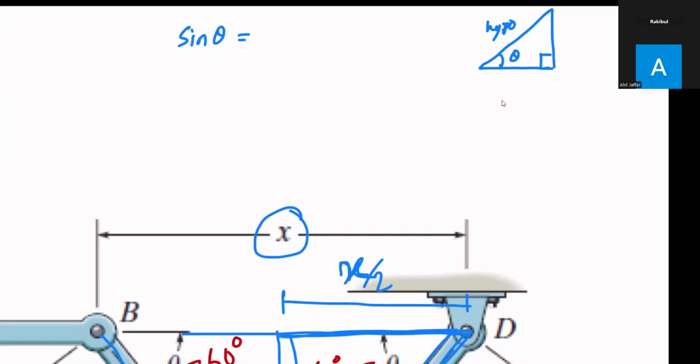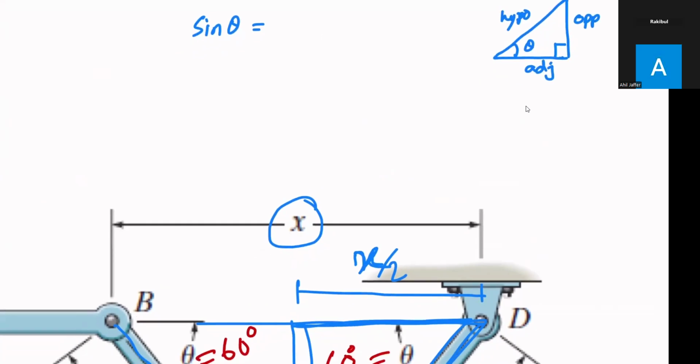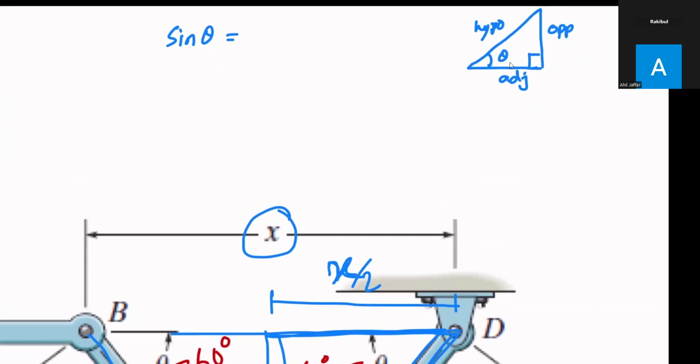Sine is opposite over hypotenuse. For a right angle triangle, the hypotenuse is always opposite to the right angle. So this is the right angle, so this is the hypotenuse.